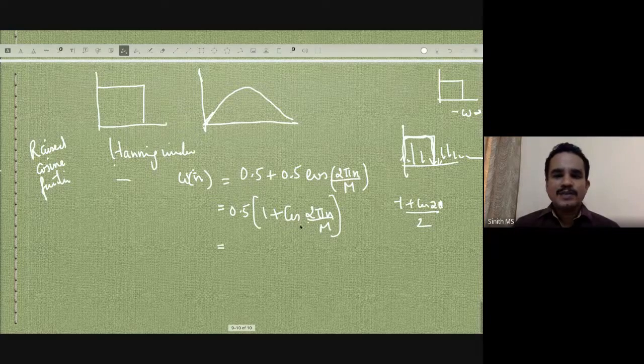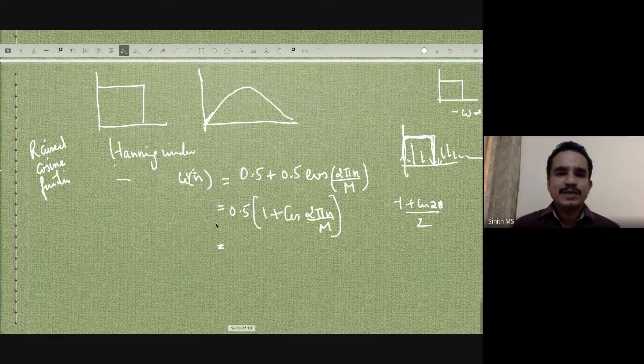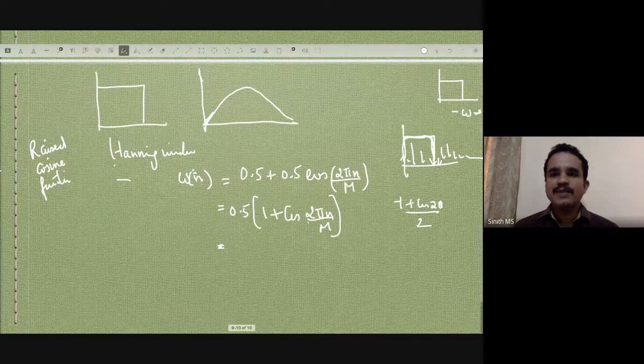What do you call it? Raised cosine. You have 0.5 plus 0.5 cos. This is a cosine function, and you have a DC term. So a DC term basically raises your function. So if this is the window that you use, you call it Hanning window.